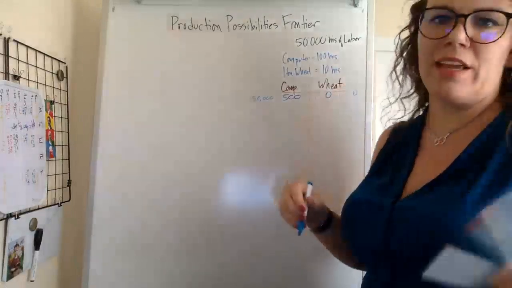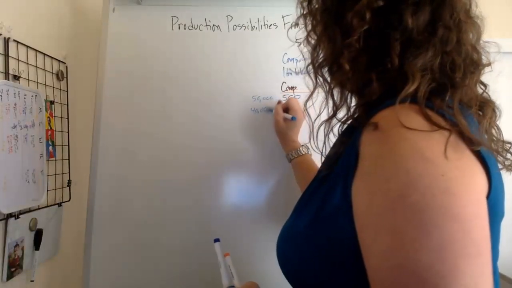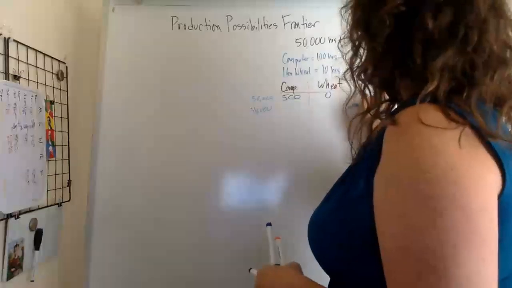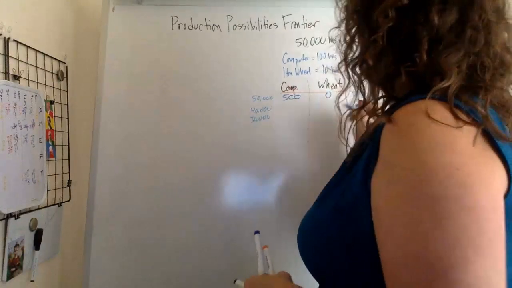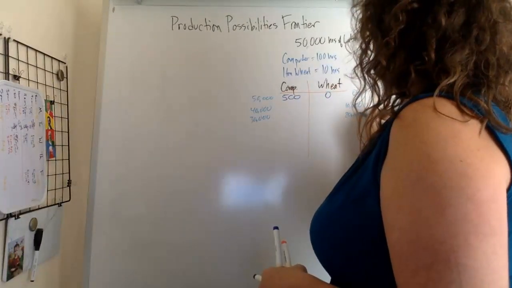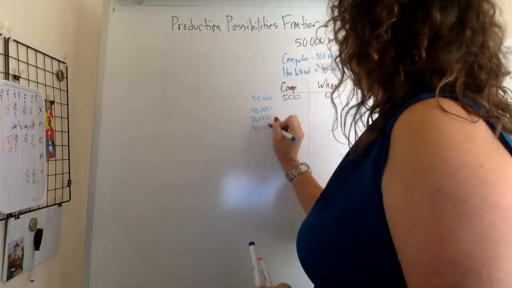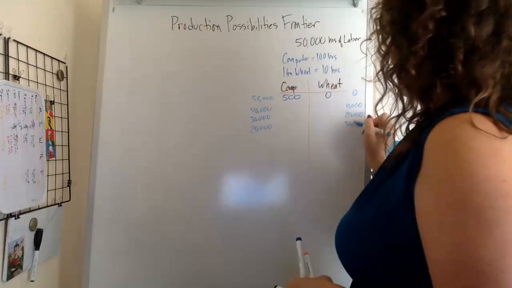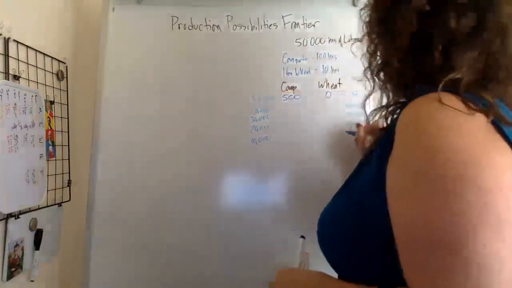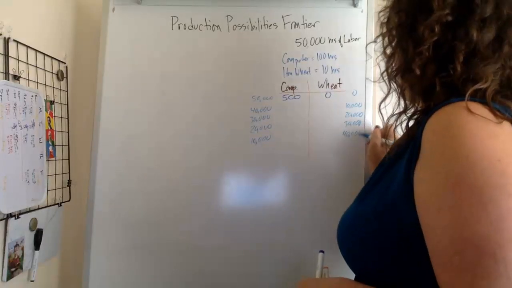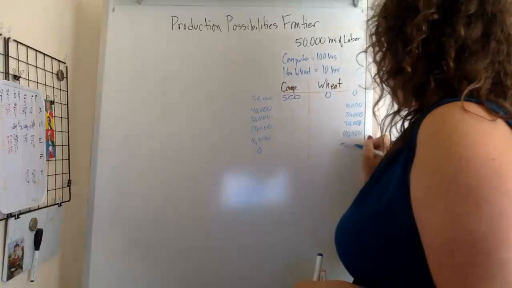So then we can think of other options, like if we use 40,000 hours of labor for computers and 10,000 hours of labor for wheat, or 30,000 hours of labor for computers and 20,000 for wheat, or 20,000 hours of labor for computers and 30,000 for wheat, and so on until we get to the point where we're producing much more wheat and fewer computers, or finally all wheat and no computers.